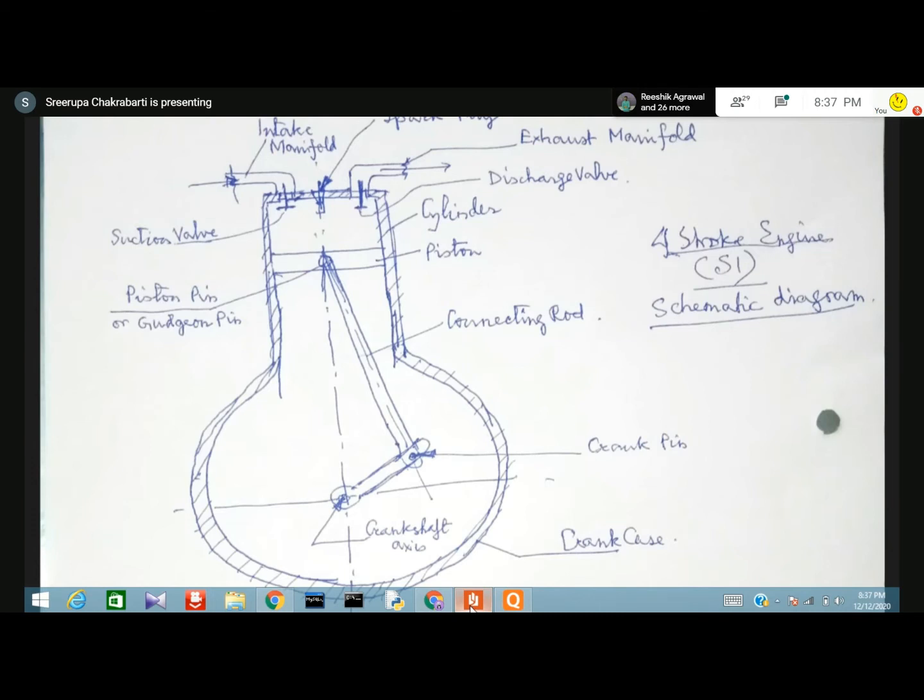Why are we going for a multi-cylinder engine? Because we want to produce more power, and we have to get the power at a particular shaft. If we got power at four different shafts for four different cylinders, it would not help us much, because ultimately our objective is to harness the power.